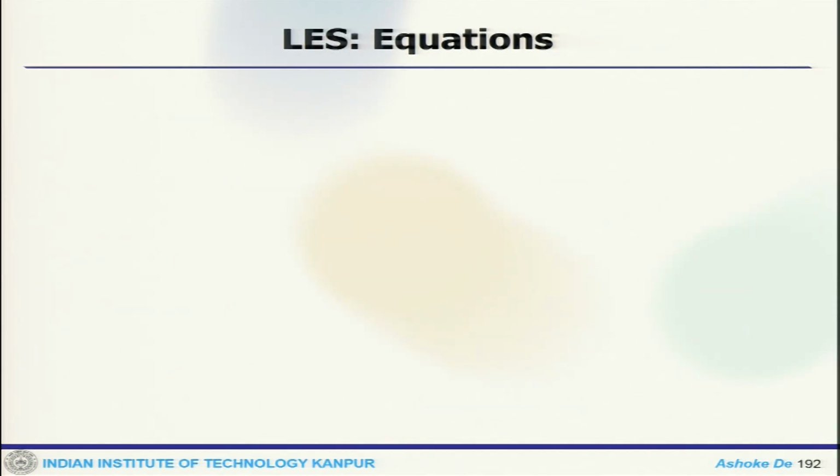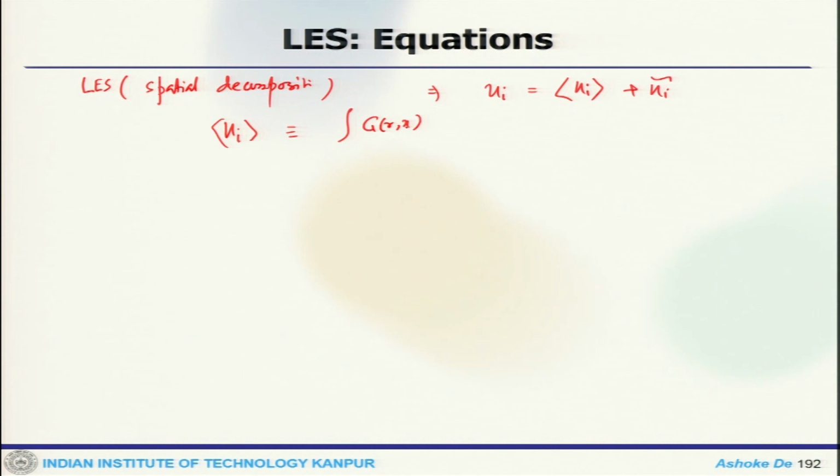Now, this is a spatial decomposition for LES, where my u_i would be u_i bar plus u_i prime. u_i bar is the integral of G(x minus r) u_i(r) dr, which is G convolved with u_i. The natural choice of filter width is on the order of the computational grid size.